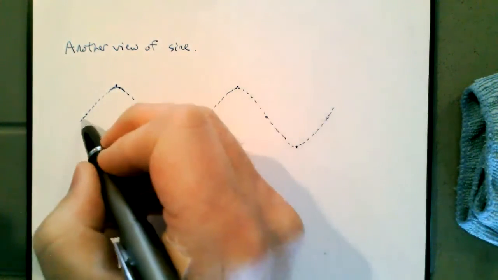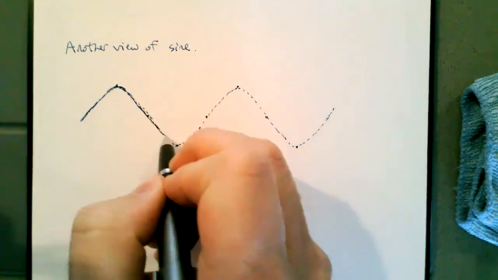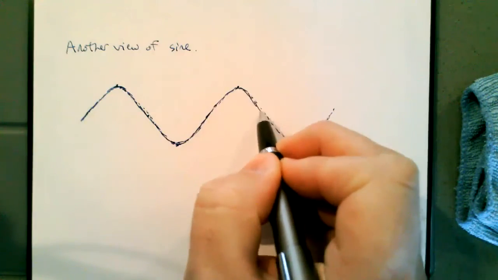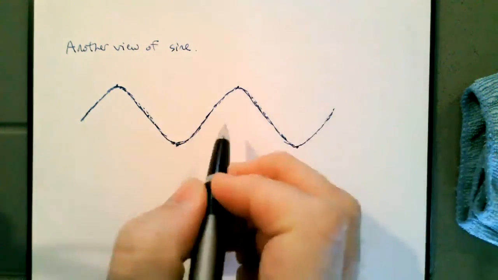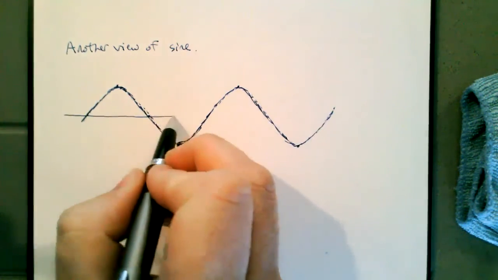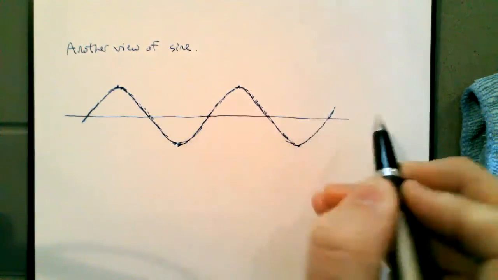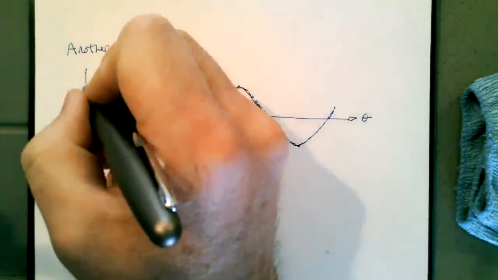So if we look at the graph of sine on the real number line, where we have at the middle 0, and we'll start off at 0.